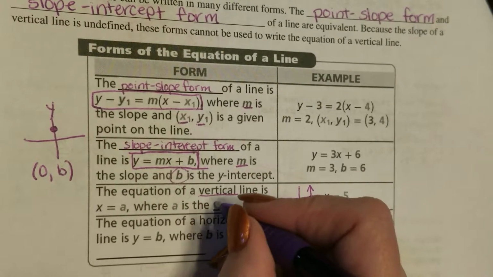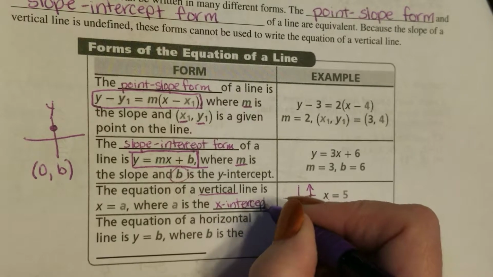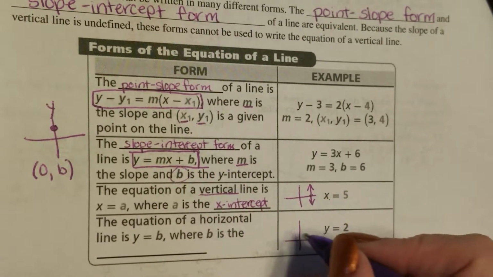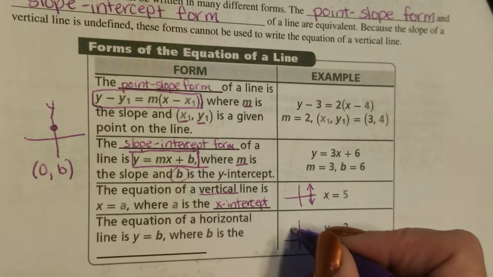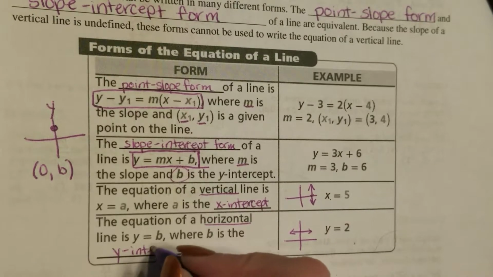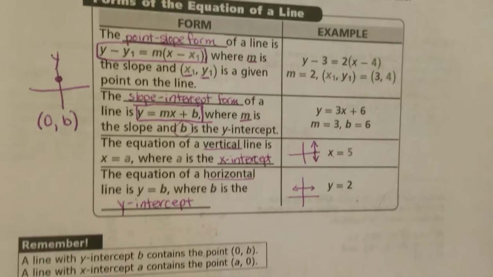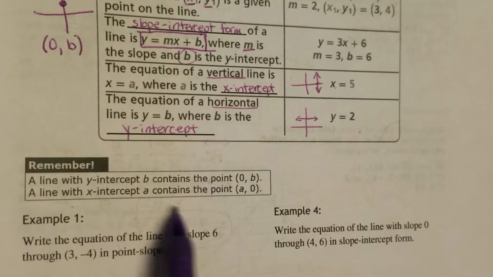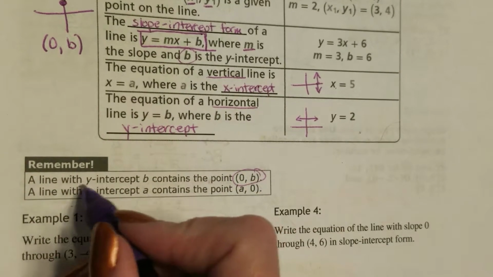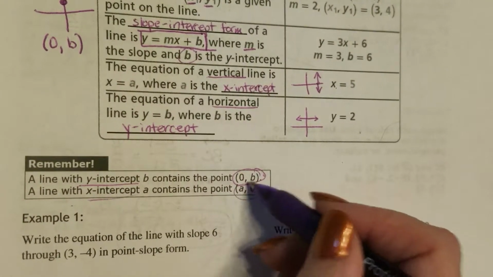And so this is the x-intercept. And then we're going to say y equals b, where b is the y-intercept, and that's going to be our horizontal line. And we've got this little remember thing that helps us remember: if it goes through a point, the y-intercept contains that point and the x-intercept contains the point (a, 0).